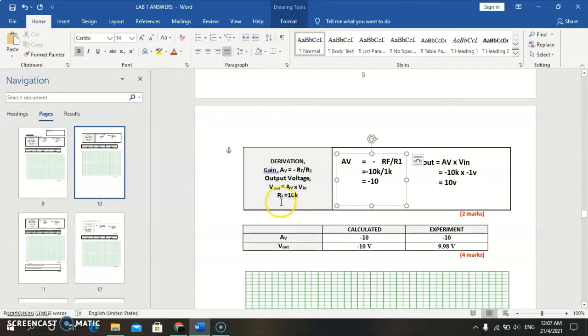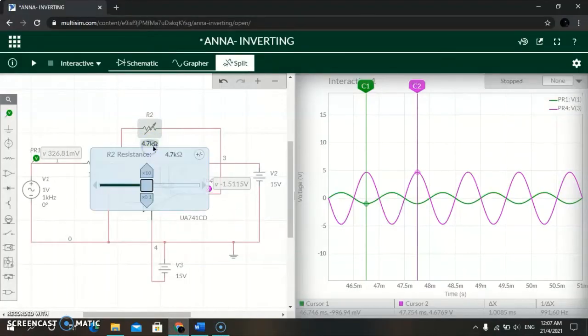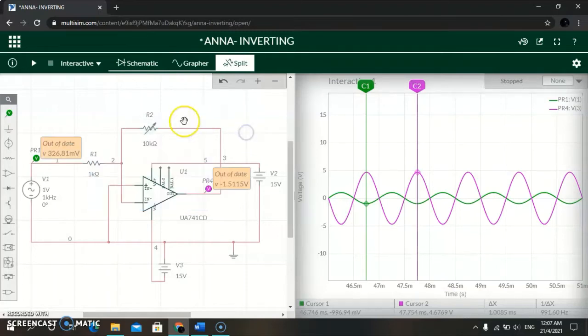Here we have to change RF to 10K. So I will change RF to 10K in my circuit, and then we will run.